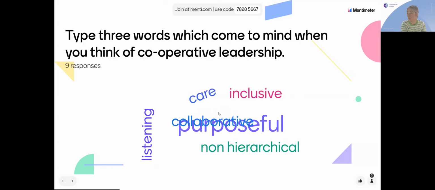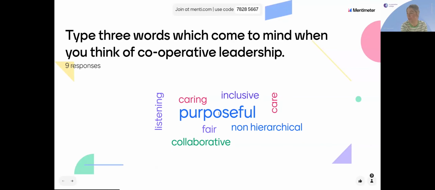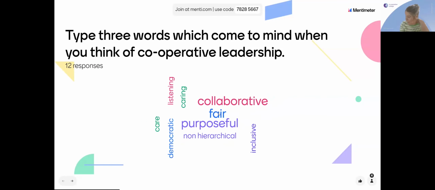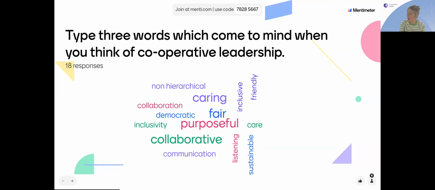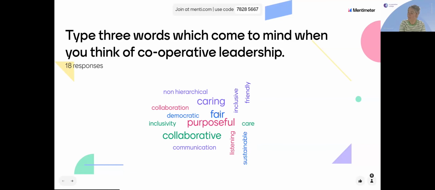When we're thinking of cooperative leadership, purposeful has come up quite big on the screen, so that means more than one person's probably typed it. We've also got collaborative and fair. They are words that you associate with the word cooperation, but when it comes to leadership, they're very, very important. And then we've also got things like inclusive, care, friendly, sustainable, communication.